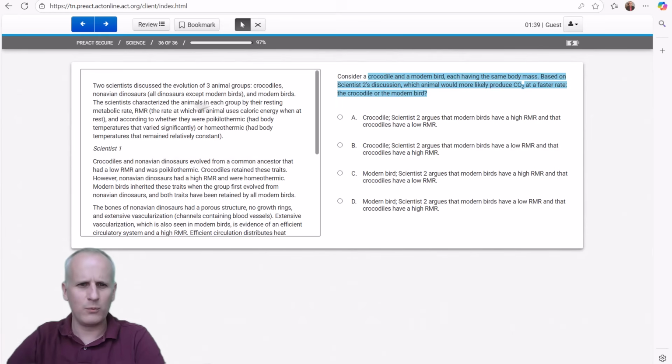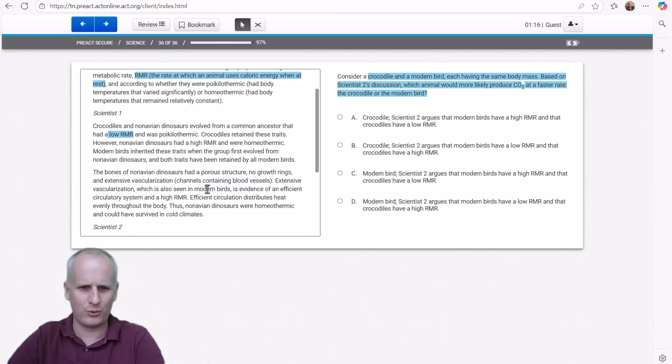And we know the animal is using caloric energy when at rest for RMR, and that's when you produce CO2 as the animal breathes. So the crocodiles have a low RMR. So they are not going to produce CO2 that fast, which means that it has to be a modern bird that's going to have a higher RMR.